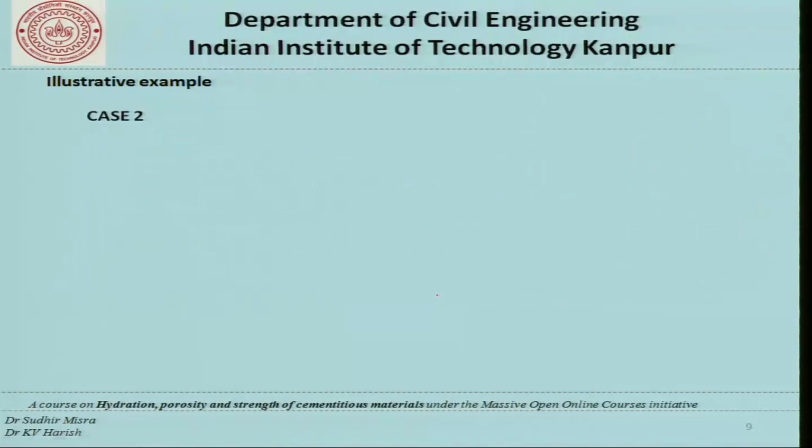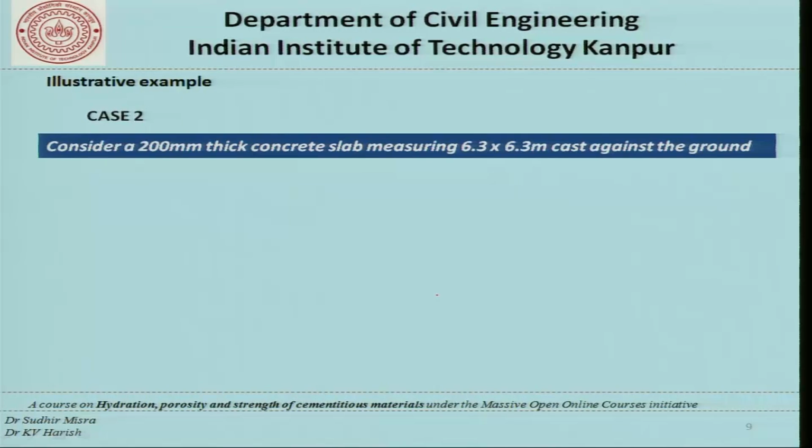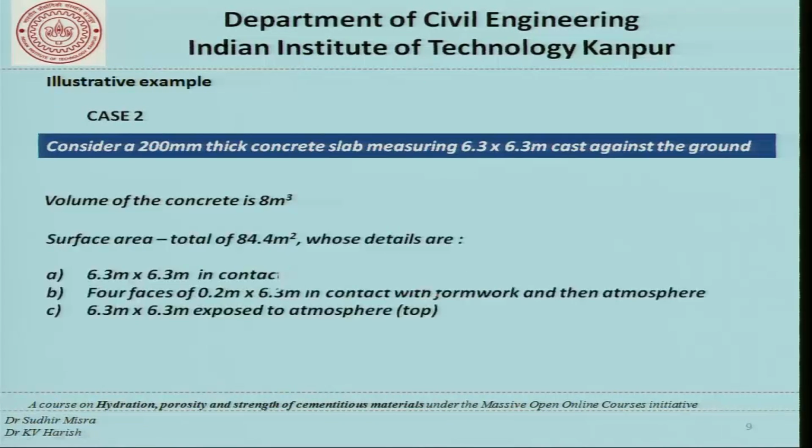Now, as against this, if we consider a situation where a 200 mm thick concrete slab measuring 6.3 meters by 6.3 meters is cast against the ground, the volume of the pour will be the same, 8 cubic meters, and the total area will be 84.4 square meters against 24 square meters that we saw last time.